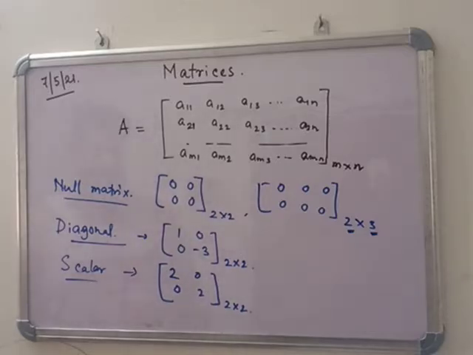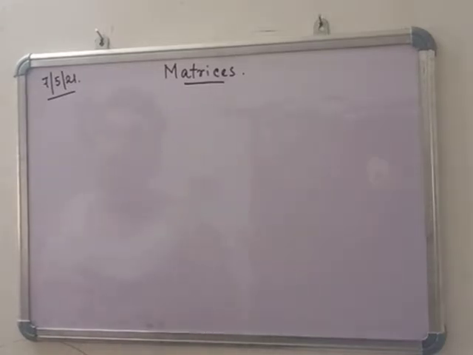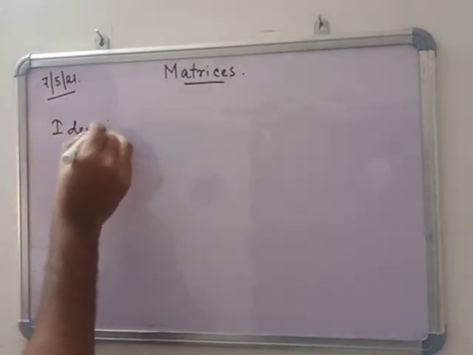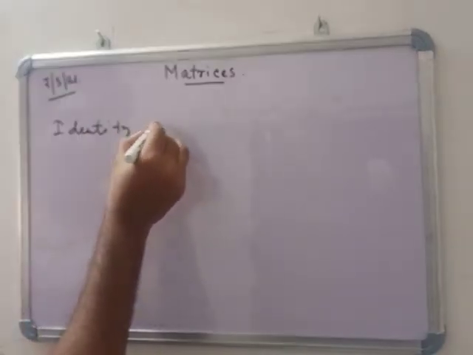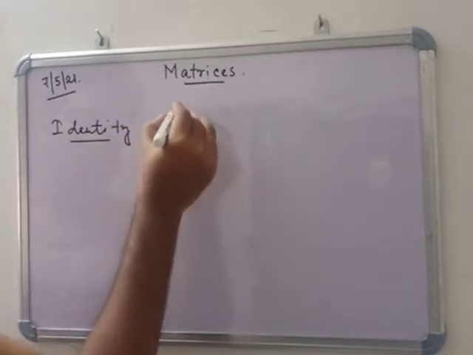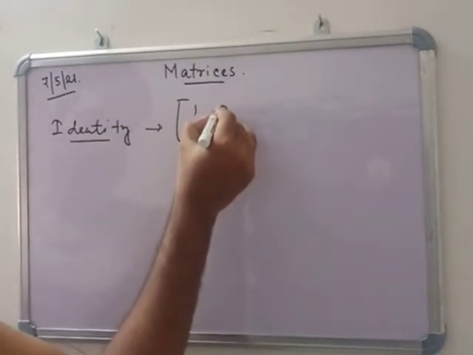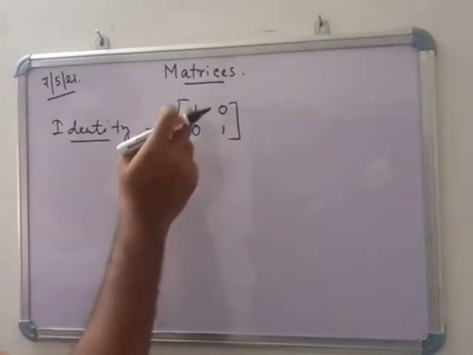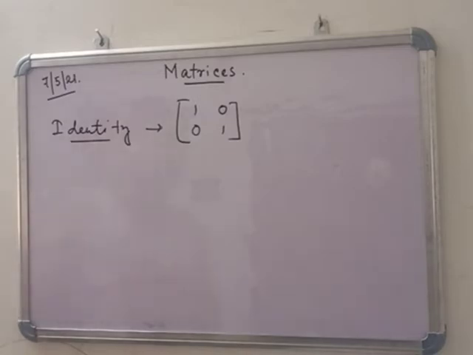Now the identity matrix. What is the identity matrix? An identity matrix is only a square matrix and its diagonal elements are 1.